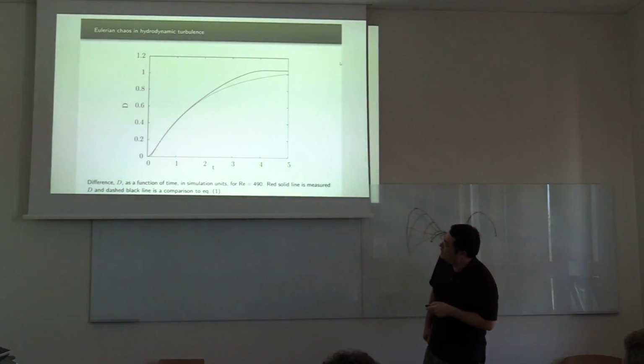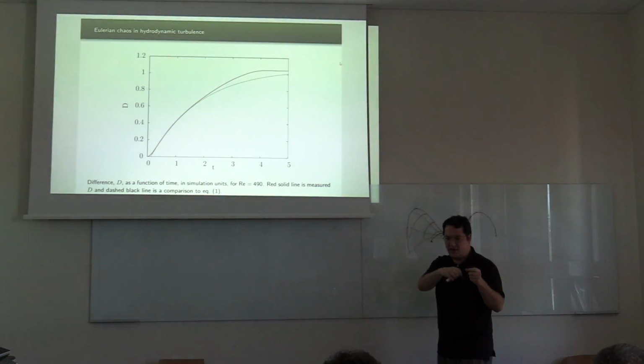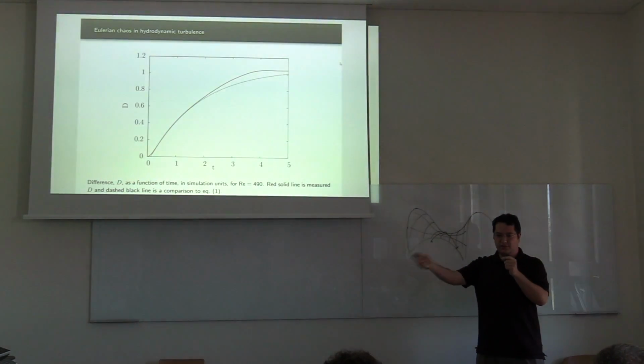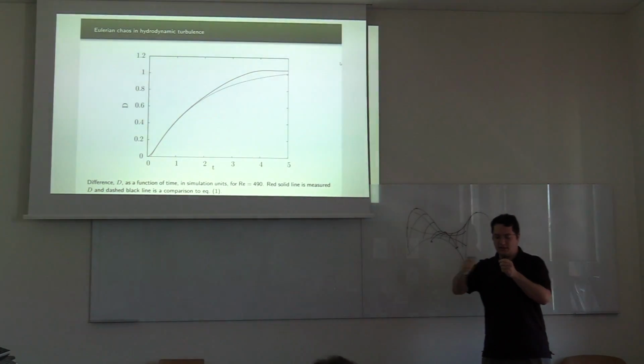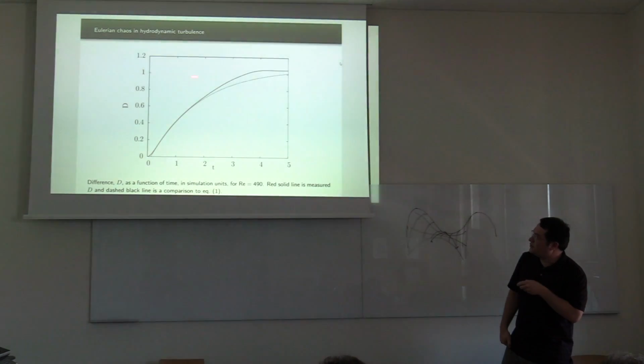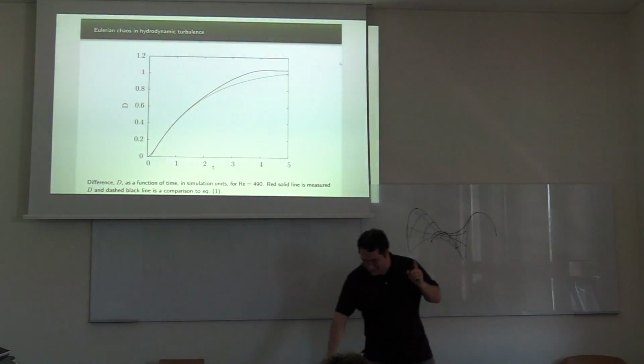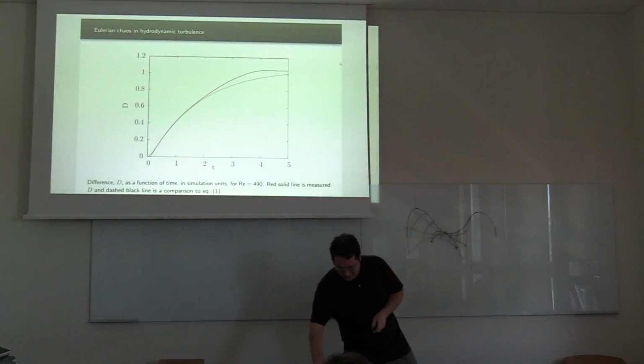We evolve the system, capture the point at a single point in time, let the system evolve, and compare it to its original state, and the distance between them is the Euclidean distance. Red is the measured result, and the dashed line is a fit to this mental picture of the random walk on an n-dimensional hypersphere. We see that the fit is quite good, so this mental picture is okay.